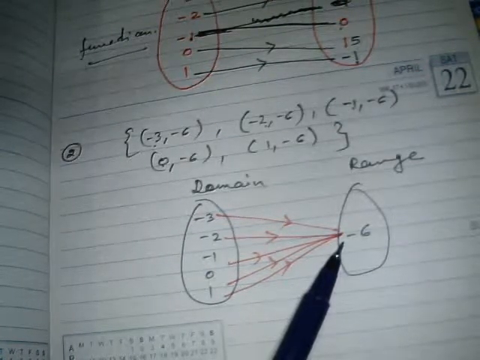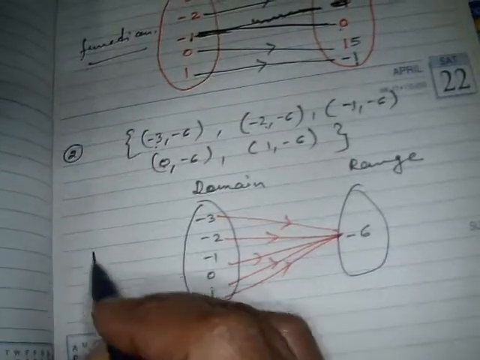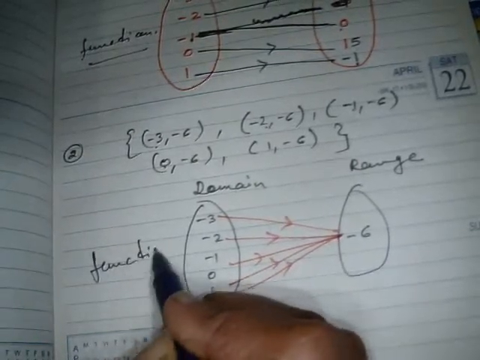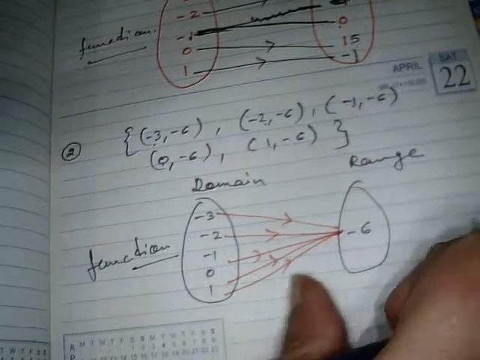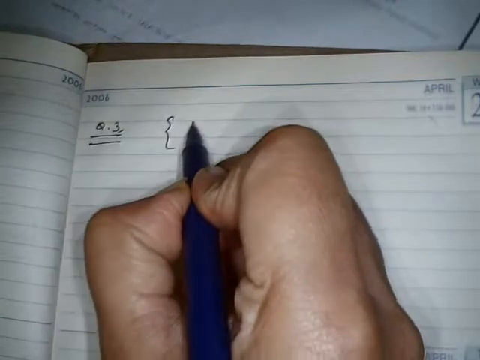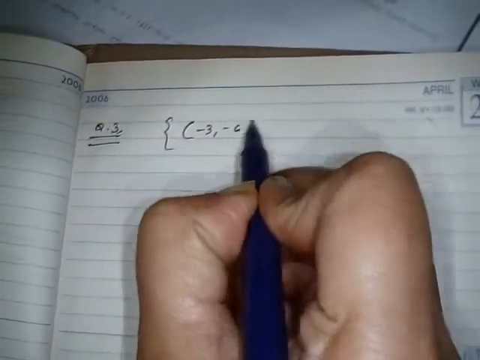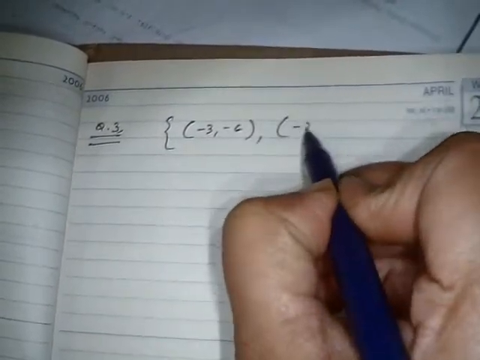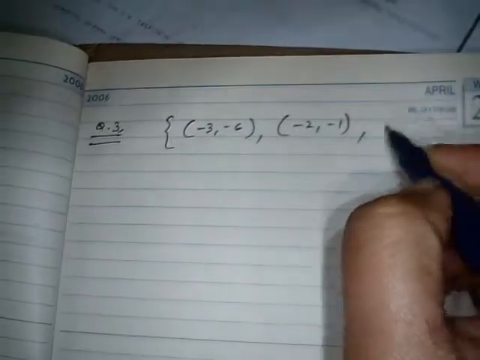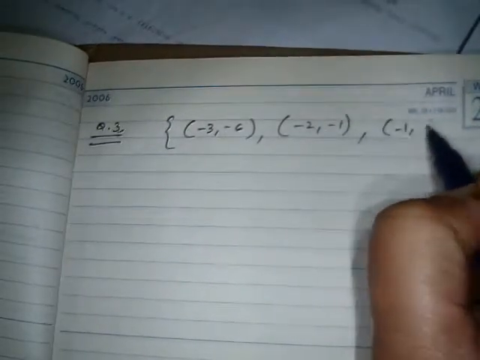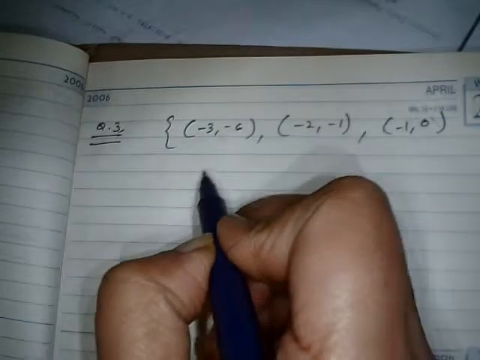Now, the third example we'll see over here. I am going to write question number 3. In that, the ordered pairs given are (-3, -6), (-2, -1), (-1, 0), (0, 3), then (1, 0) and (1, 15).